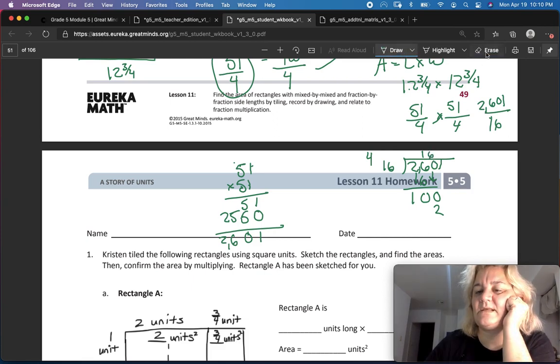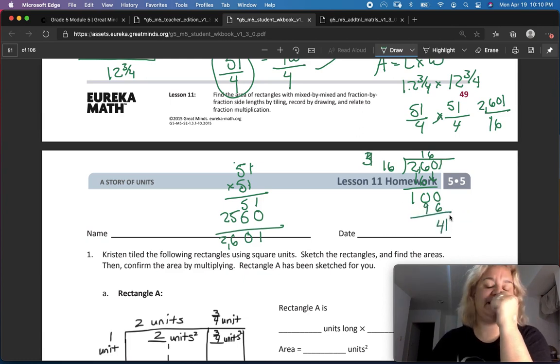Let's try 6. 6 times 6 is 36. With the 3 over here. 6 times 1 is 6. 7, 8, 9. And my leftover is 4 with the 1. And 16 goes into 41 twice.